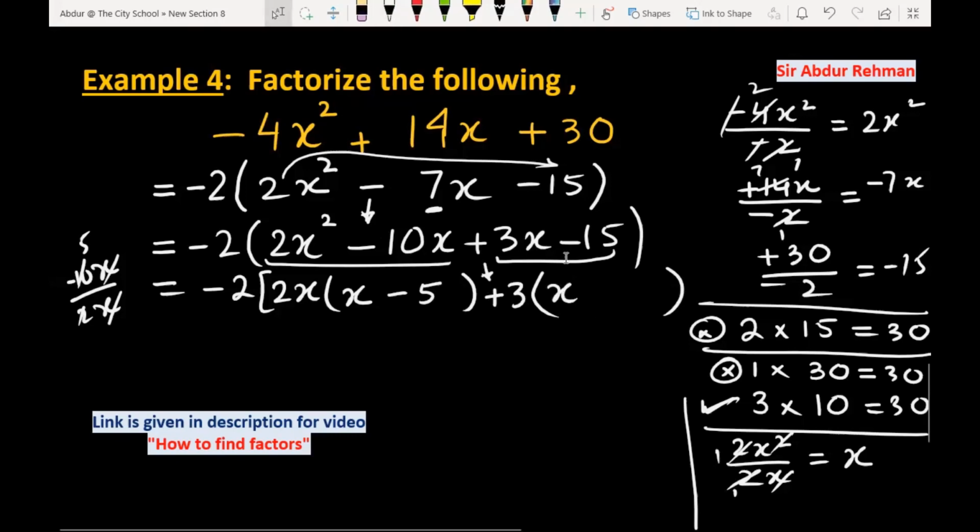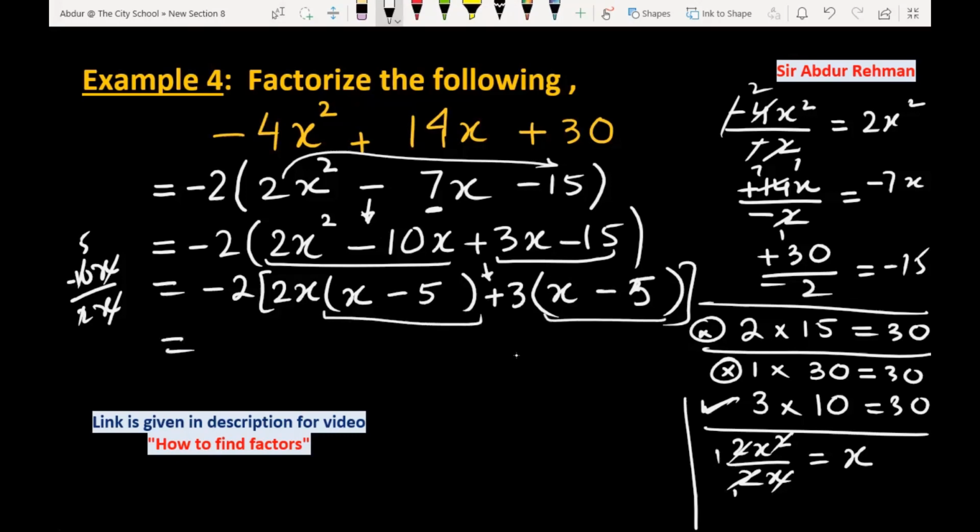And when you divide minus 15 by the common plus 3, minus divided by plus is minus, and 3 times 5 is 15, so your value will be x minus 5. Now the last step: x minus 5 is common. Minus 2, write down x minus 5, bracket 2x plus 3. This is the final answer.